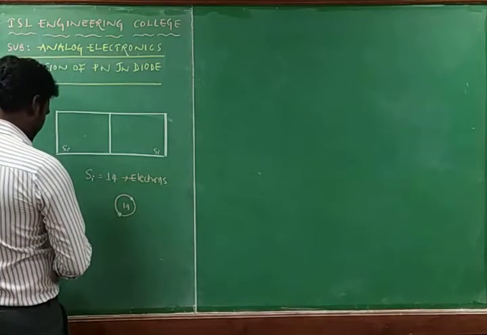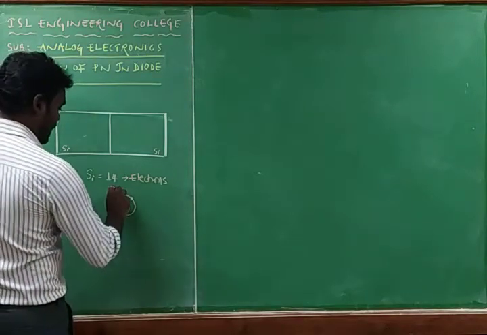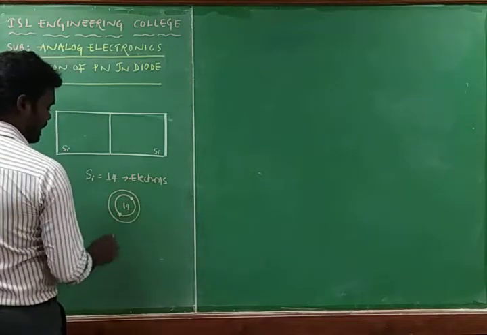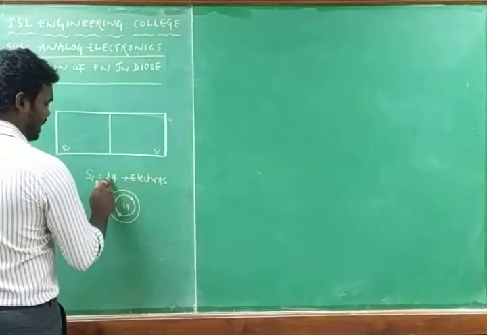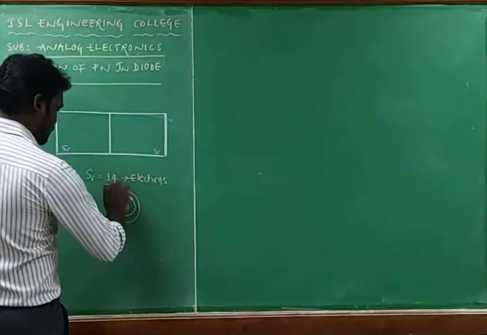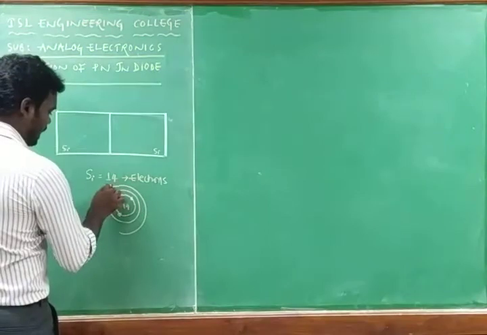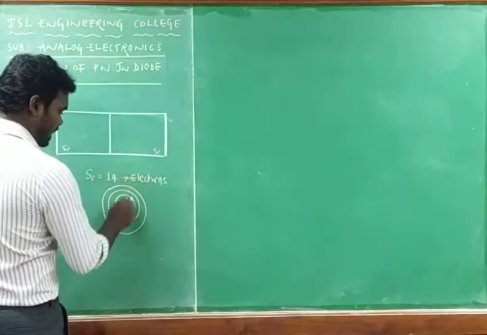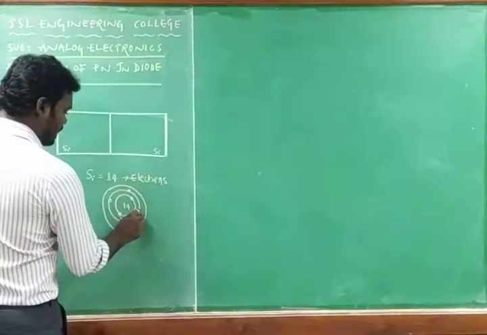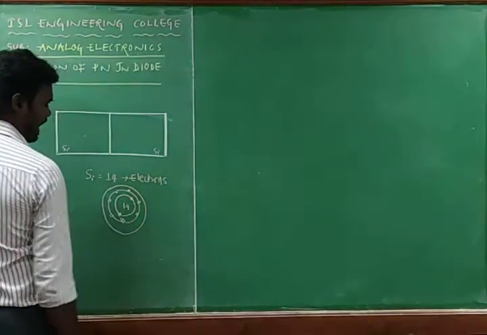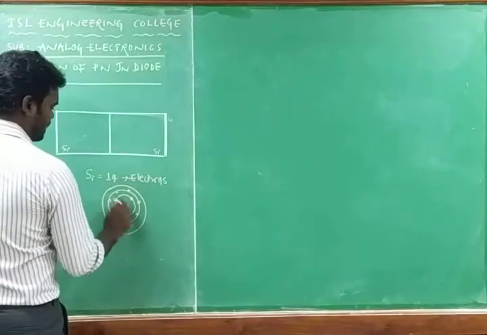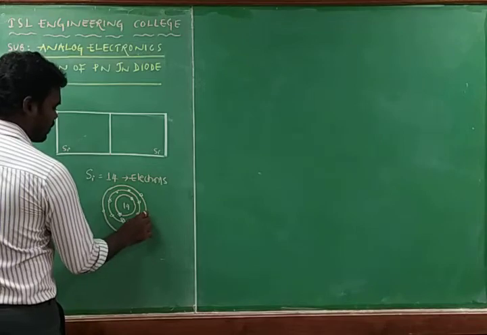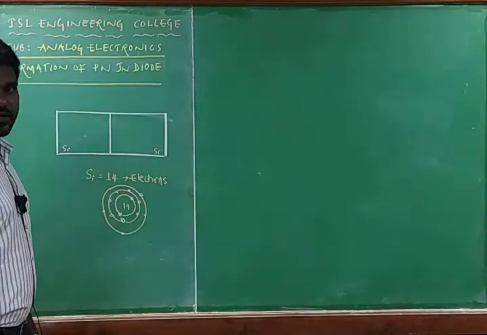In the second orbit, they can have 8 electrons. 2 plus 8 is 10, and we need 14, so the outermost orbit, the third orbit, has the 4 remaining electrons. These 4 electrons are named valence electrons.